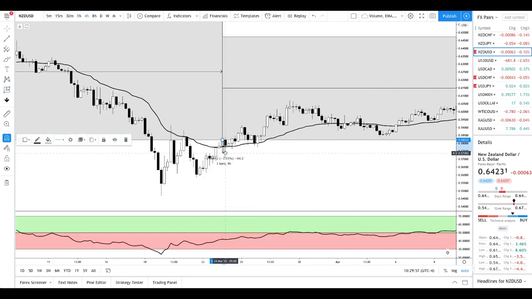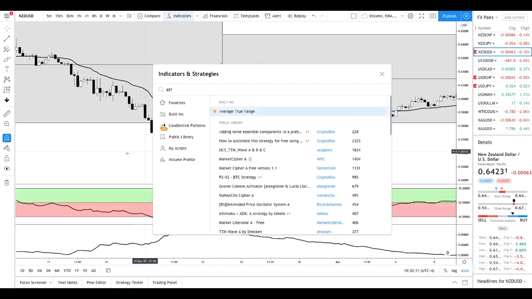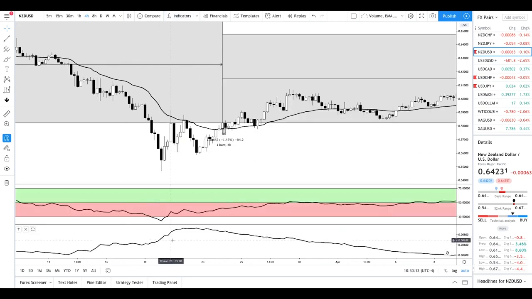So you want to make sure that you're setting your stops at reasonable lengths. One thing I've talked about in different videos is using the ATR, the average true range indicator, right? You can use this as your stops.